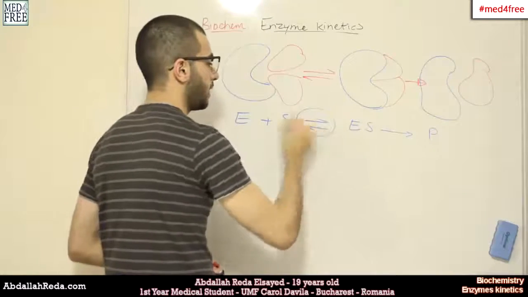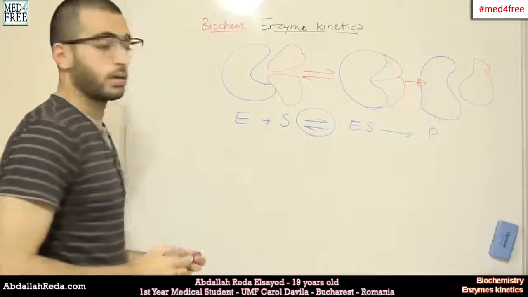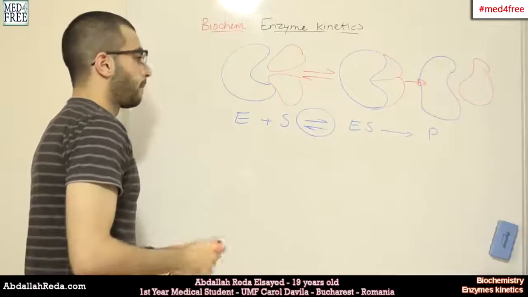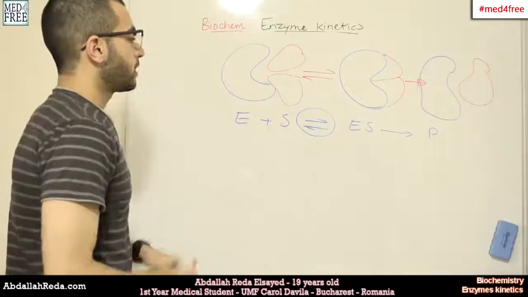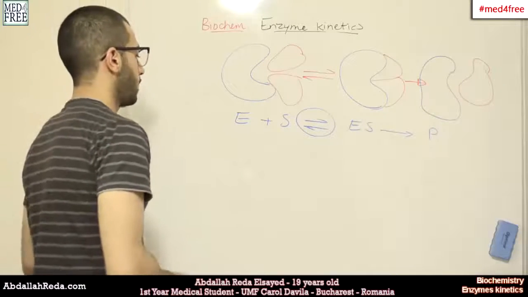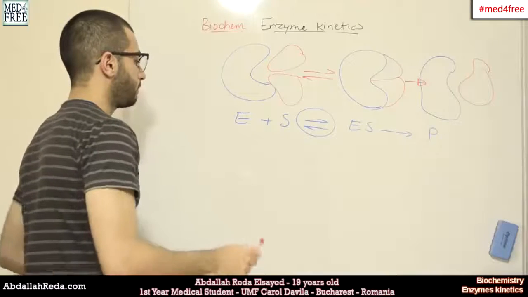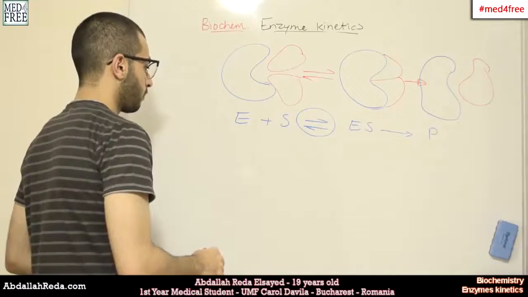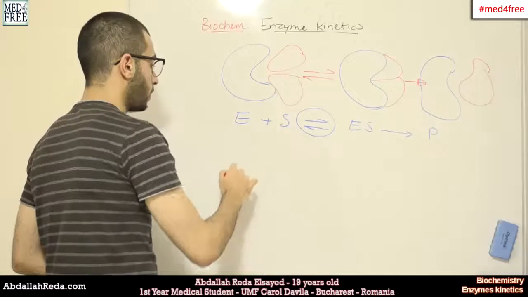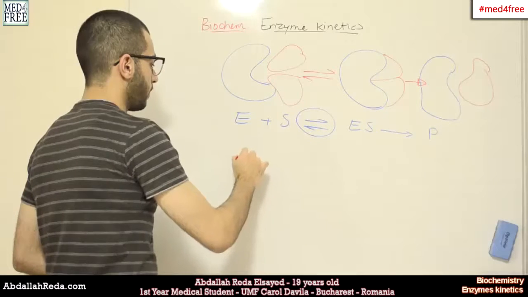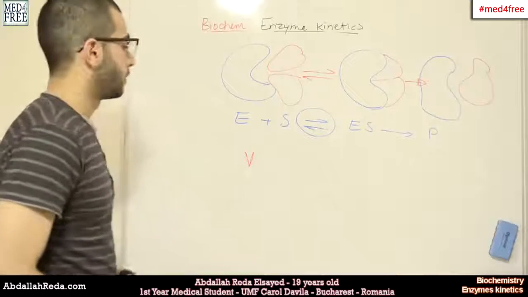And this is a reversible reaction. So simply, this is the mechanism of how enzymes work. And there is a very, very known equation that deals with the velocity of the reaction.